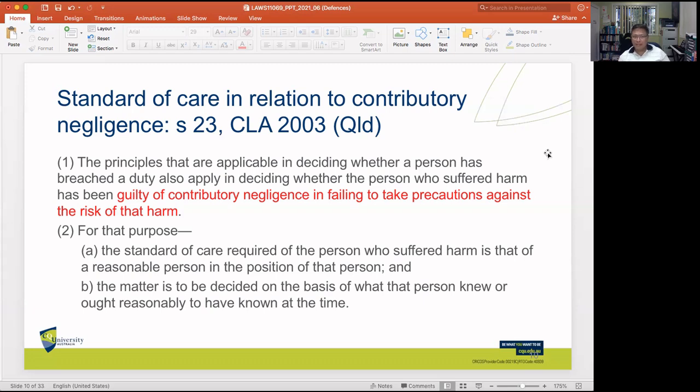It's an objective standard, on the basis of what a reasonable person would do in the position of that particular person who suffers harm. So we go back to the common law.